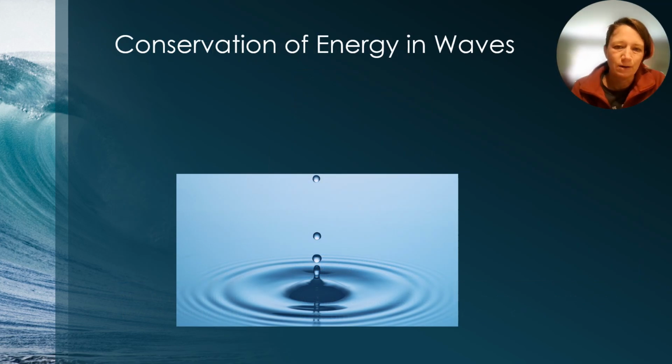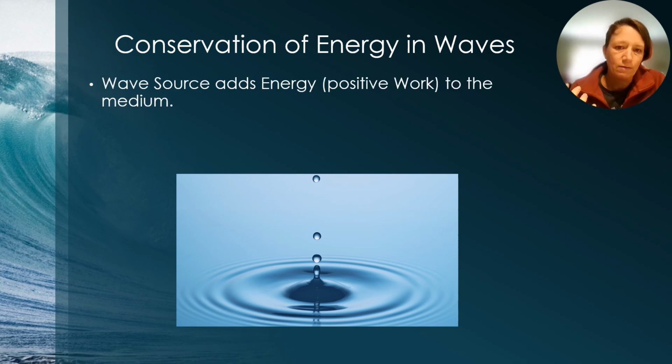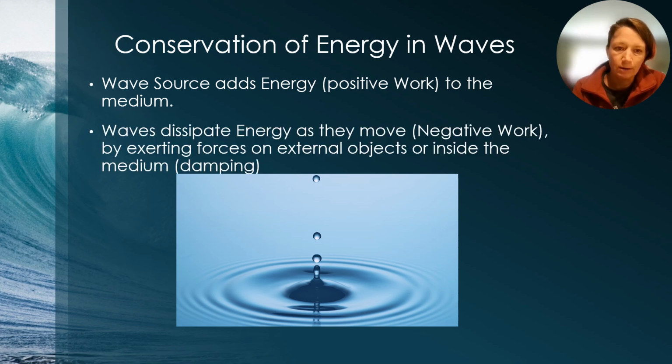In terms of conservation of energy, we would say that the wave source is adding energy to the medium, so that would be the source of positive work. And then waves generally dissipate that energy or lose that energy as they move, and that would be the negative work. That negative work can happen in a variety of different ways.